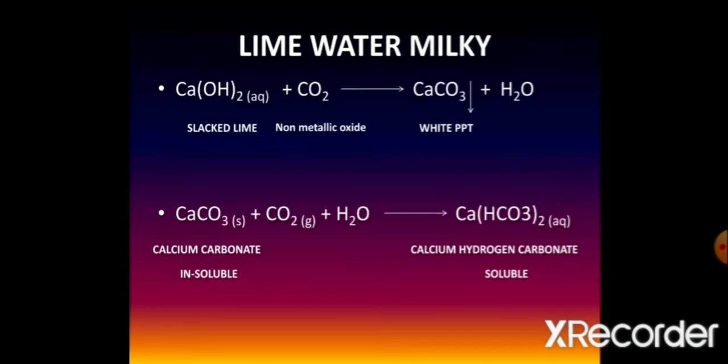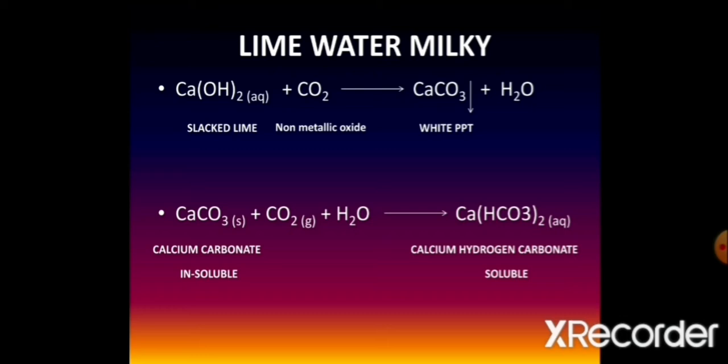Non-metallic acidic oxide gas, that is CO2 gas, is passed through the lime water. It turns white milky color. It is semi-solid, like a colloidal solution. Still, if we pass the CO2 gas through it, then the calcium carbonate precipitate dissolves in it.